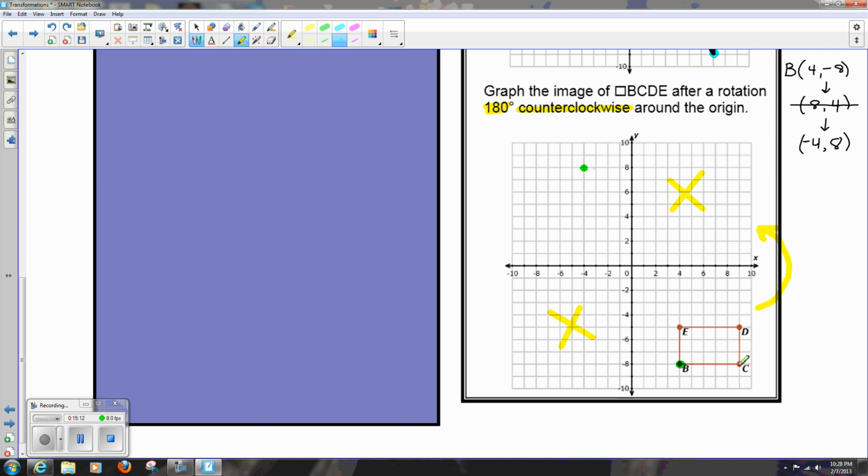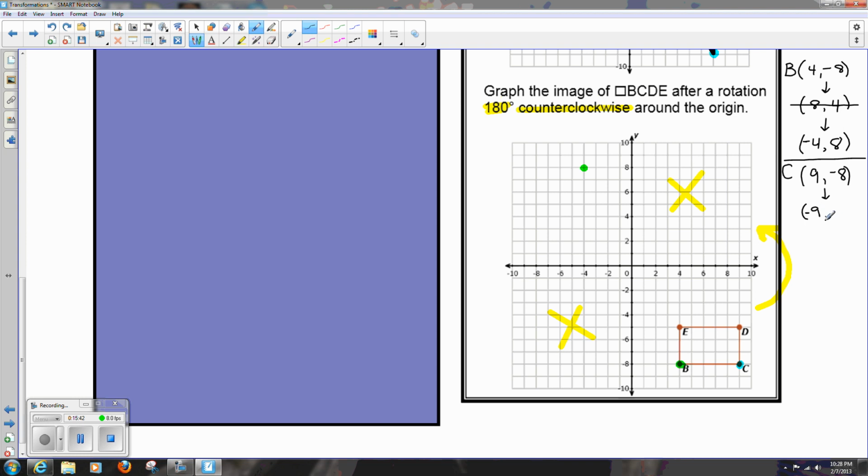And then point C, let's go ahead and jot this down. Point C, separate those, is right now at point 9, negative 8. So let's go ahead and skip the middleman, because we know that the numbers are going to stay in the same spots, but they're both going to change signs.